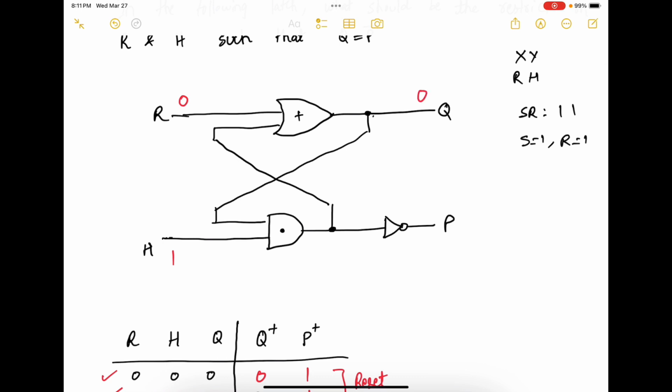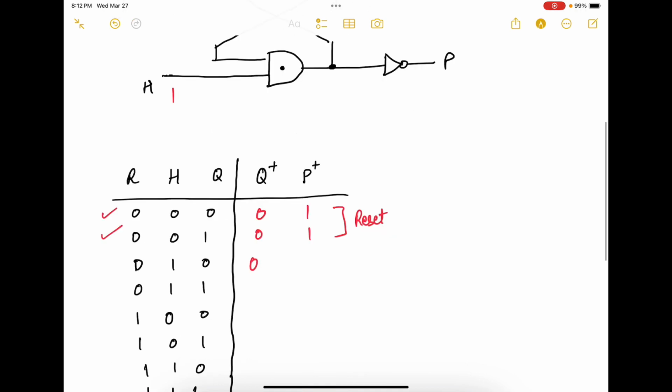Let's see what happens. 0 goes down here. 1 and 0 is 0, flip. 0 goes up, remains at 0, and the circuit stabilizes. Therefore, when R equals 0, H equals 1, and Q equals 0, Q plus equals 0 and P plus equals 1.